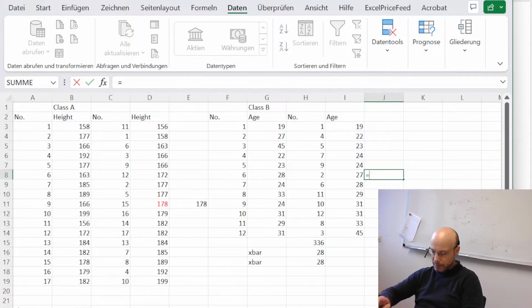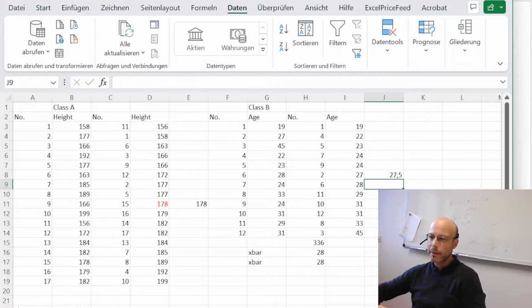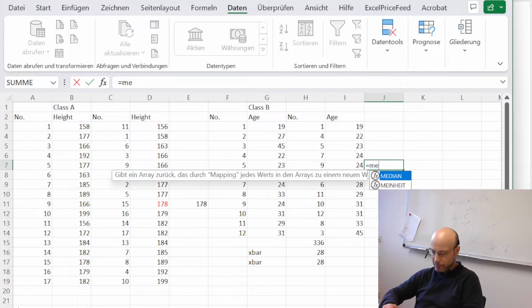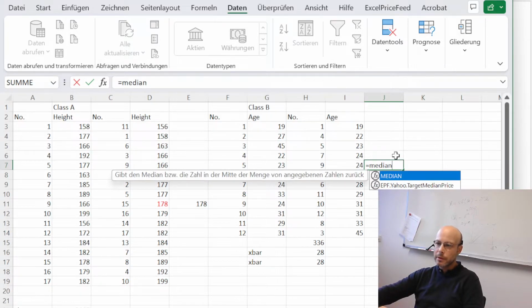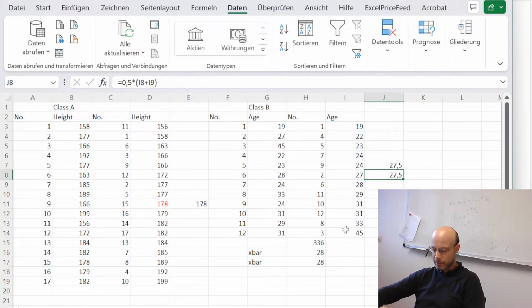So 0.5 times 27 plus 28 is 27.5. And of course, we can do this also with a direct formula. And then we also obtain 27.5.